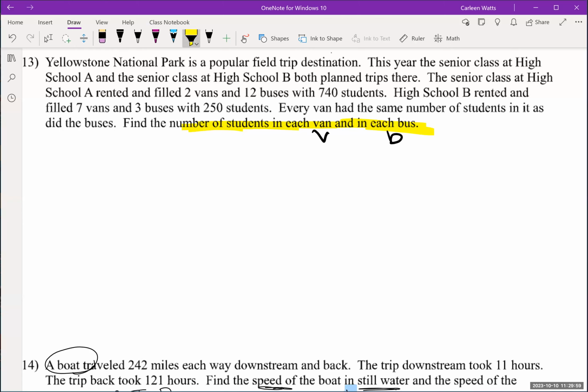Now, 2 vans and 12 buses, 740 students. 2 vans and 12 buses gave us 740 students.